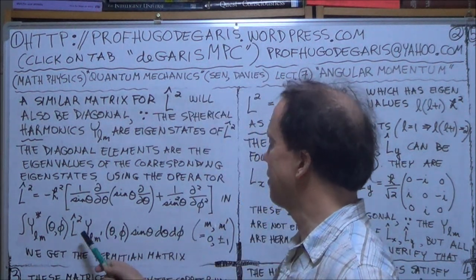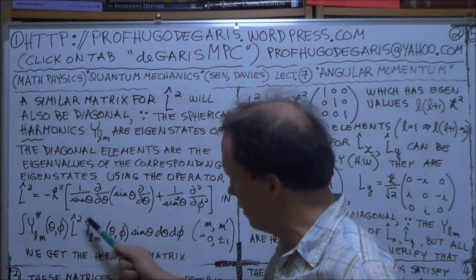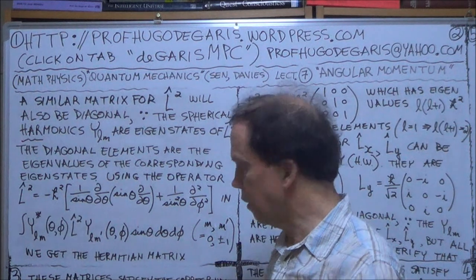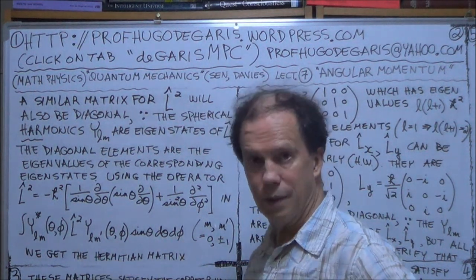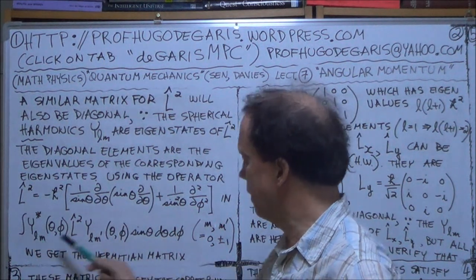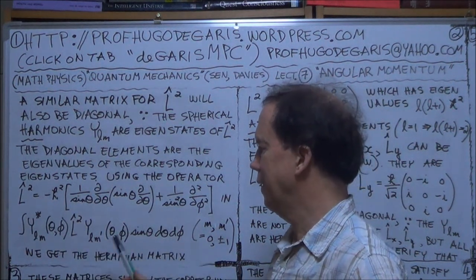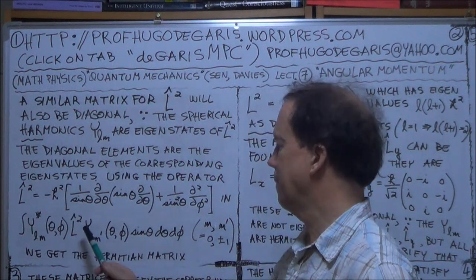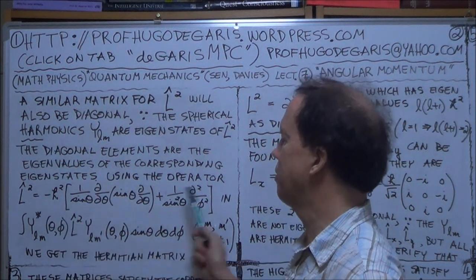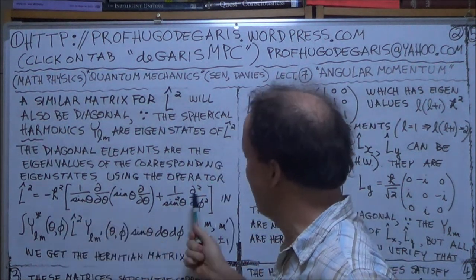It's a similar story with L squared, because remember these spherical harmonics are the simultaneous eigenfunctions of two operators, L squared and Lz. That's how we found them in the first place, remember? So the matrix element that corresponds to this overlap integral is also diagonal. There are two ways you can do it. The hard way, the long way, is this way.